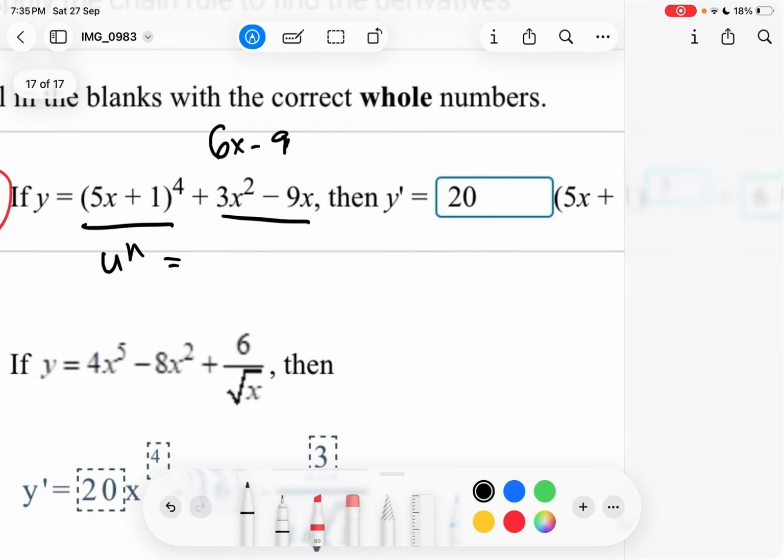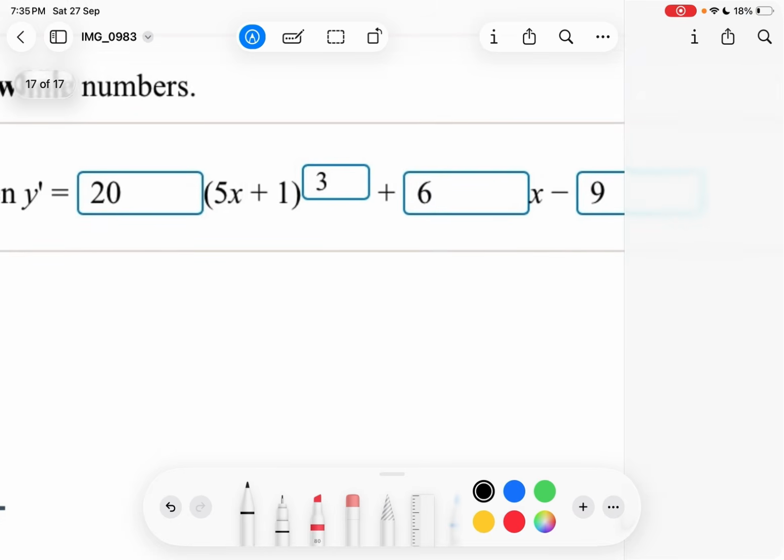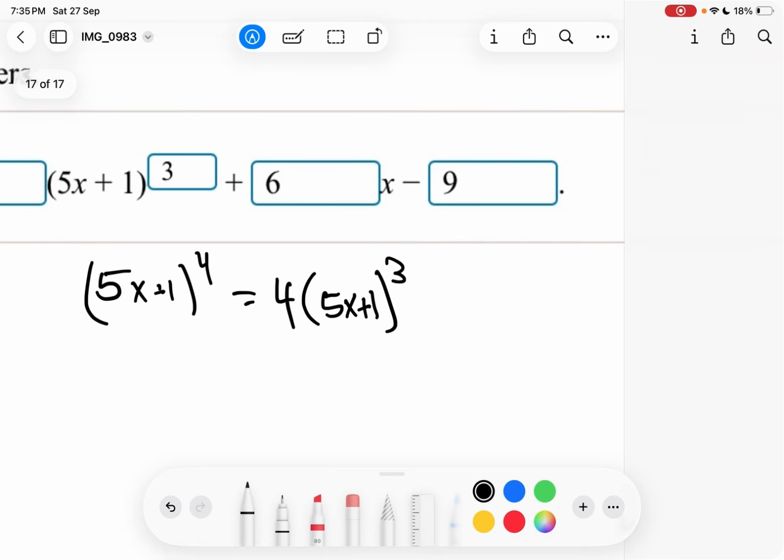So take this, 5x plus 1 to the power of 4. Let's take the exponent, and then 5x plus 1 to the power of 3 times 5. Then you times the 5 by 4, which is 25x plus 1 to the power of 3.